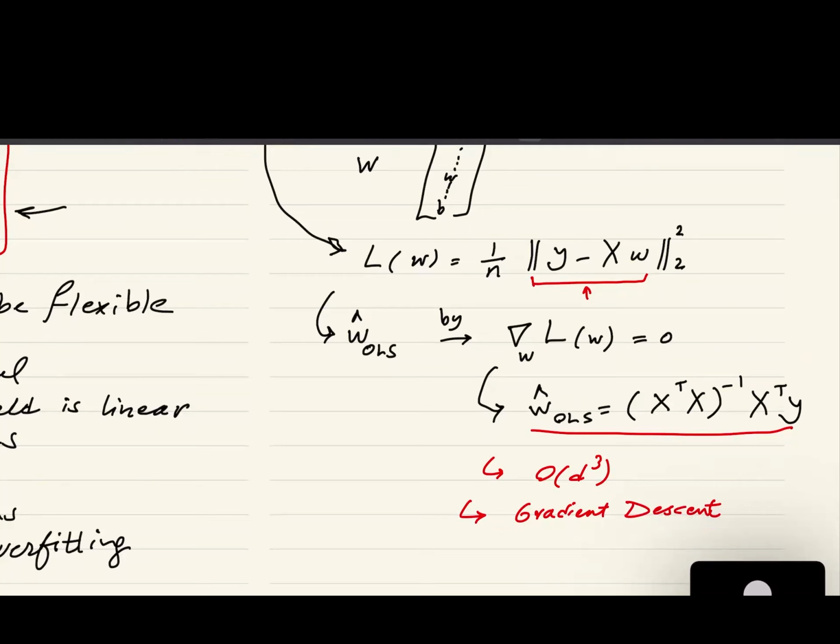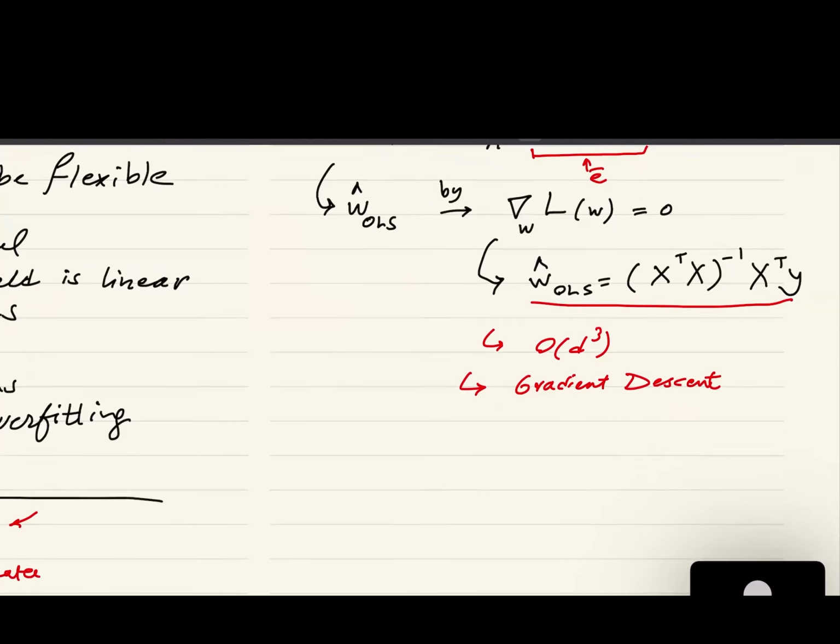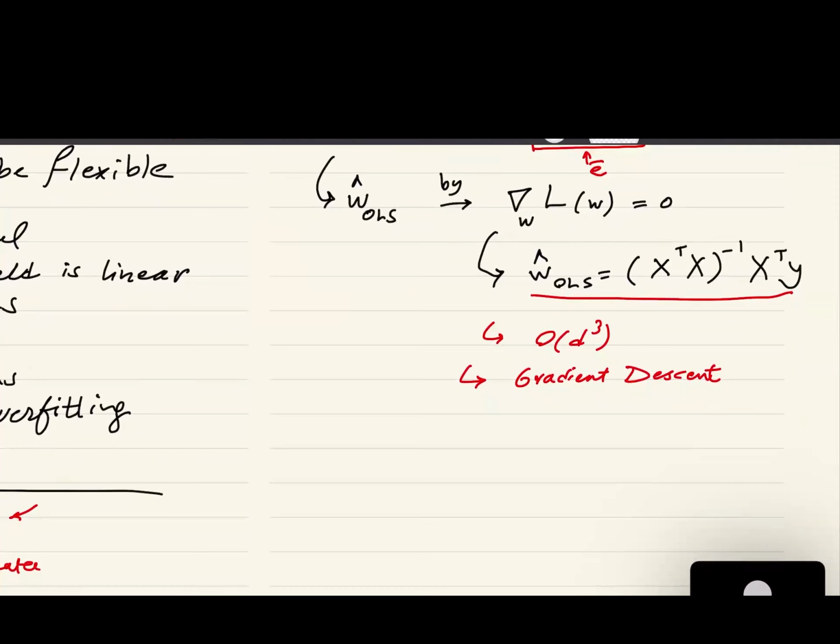We call this the error for each one of these examples, and here in this case, this is a vector E. And what happens here is we have a hyperspace defined by our linear regression.